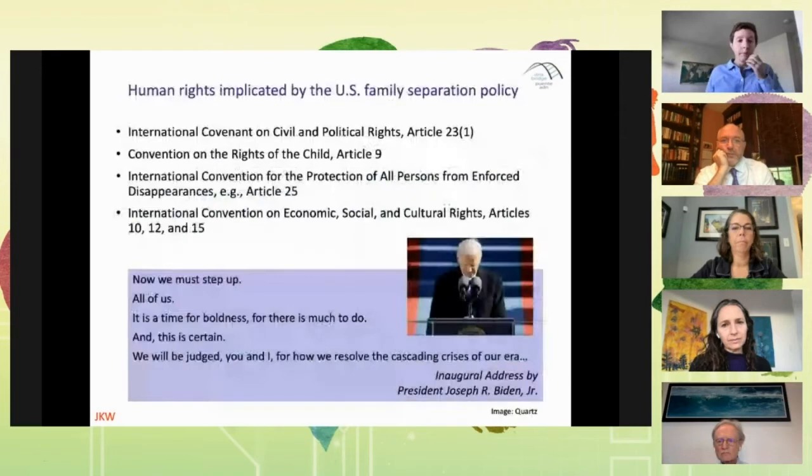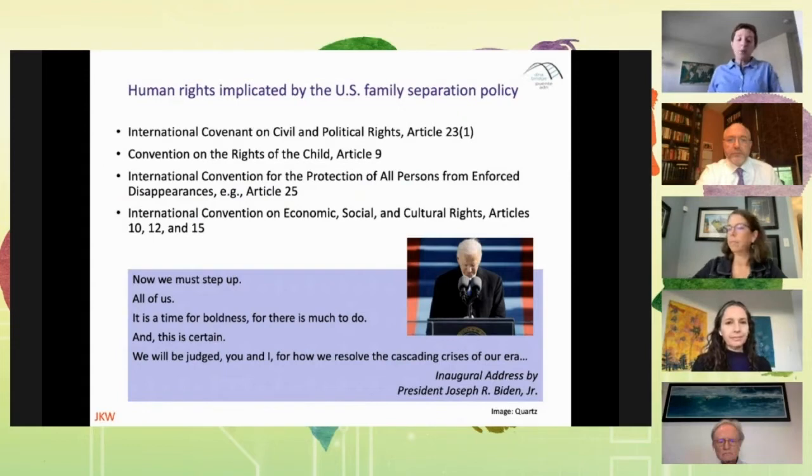Next slide, please. Now, we need to highlight the human rights that are violated or at least implicated by what is happening with the forced separations and now the ongoing separations that have not been brought to conclusion. So this slide outlines several of the human rights instruments and notes some of the provisions in those instruments that we should signal. While the US has not signed and ratified all of these instruments, its obligations to the world are pretty clear.